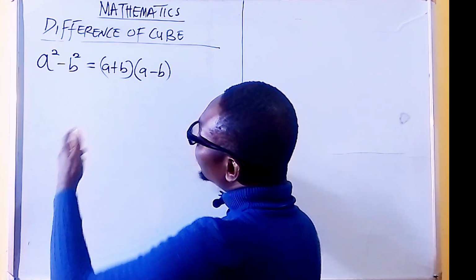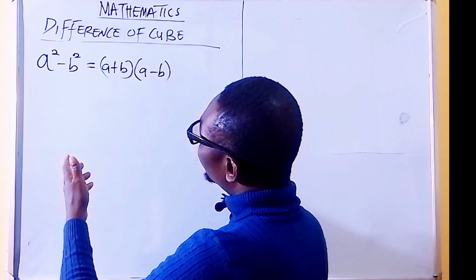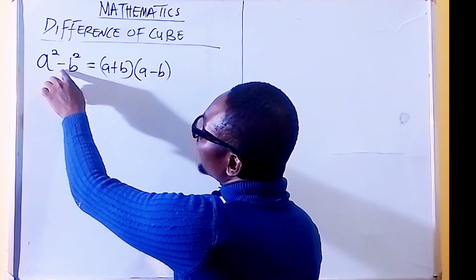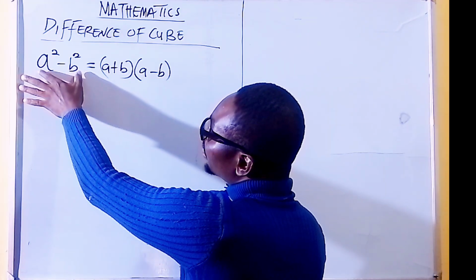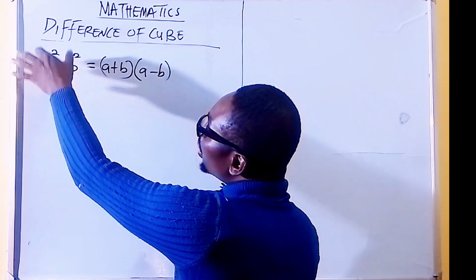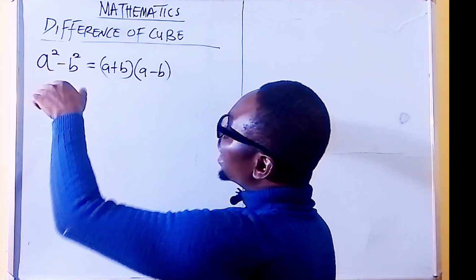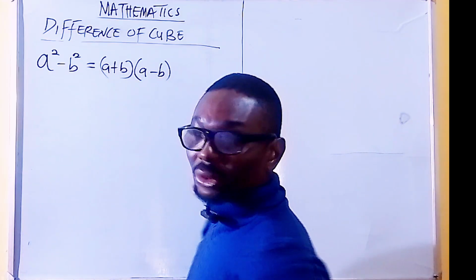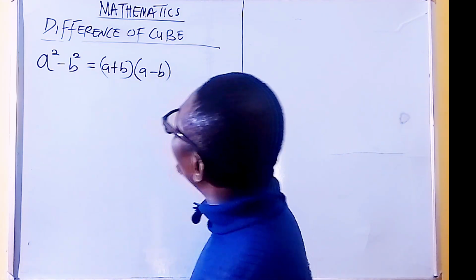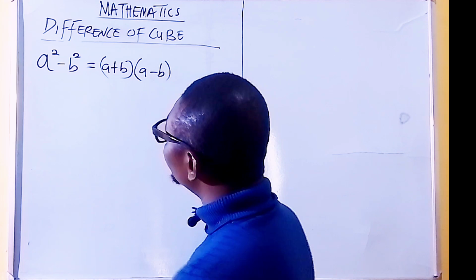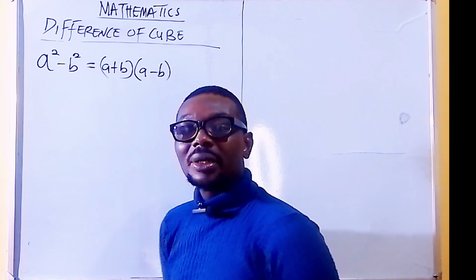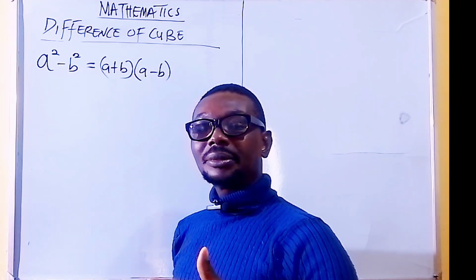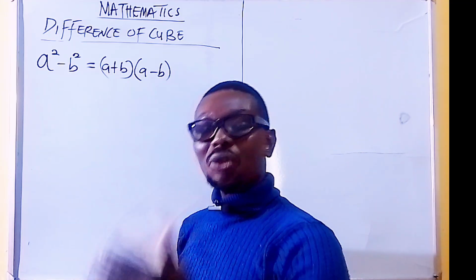So how do you identify difference of two squares? You must have two variables or numbers such that you have a minus sign in between them. Also, the variables must have an index of 2. So that makes it difference of two squares. Now, coming back to difference of cube, of course, we know that cube is when you have a variable having a power or an index of 3.